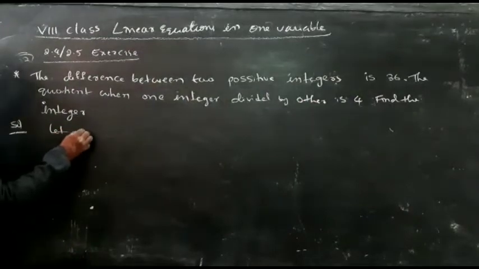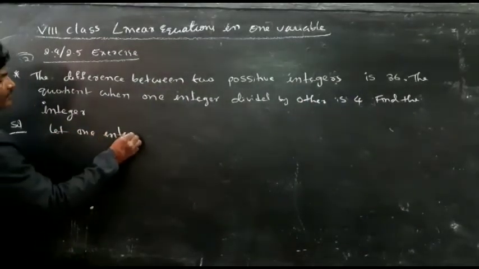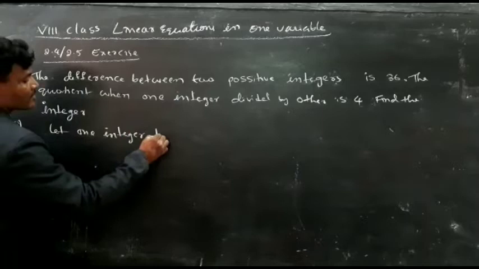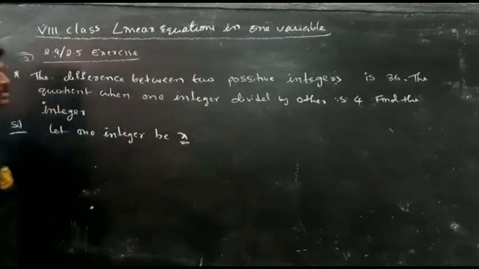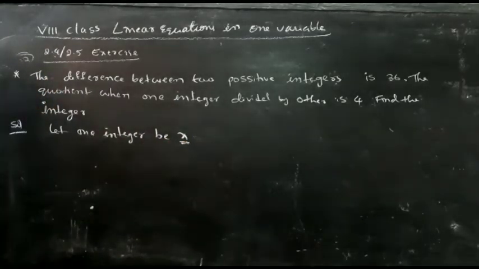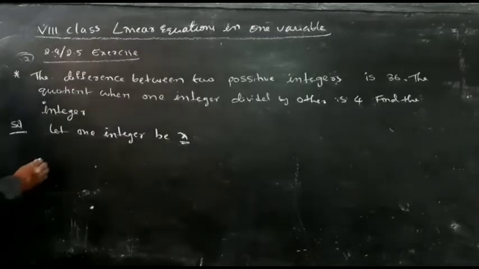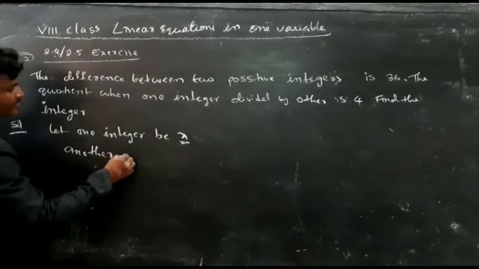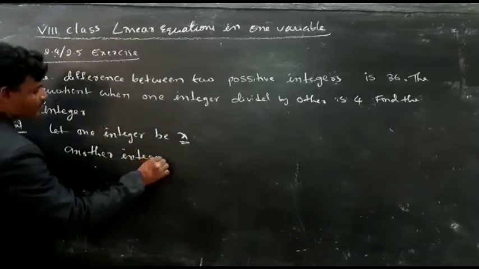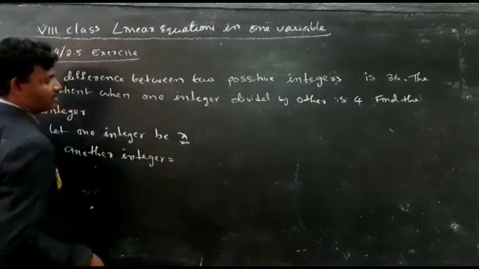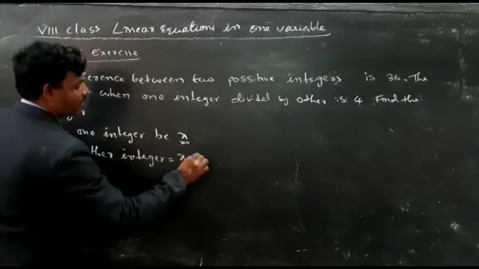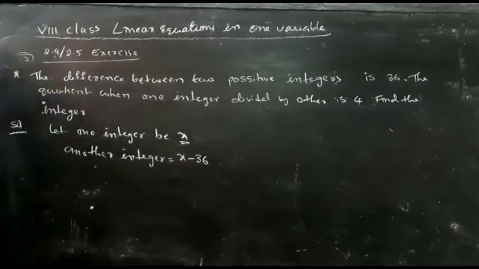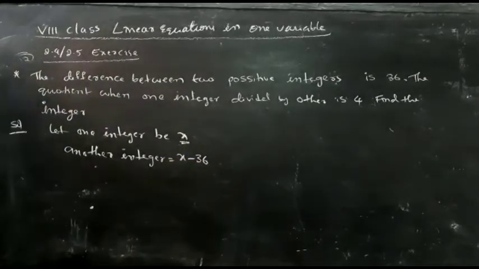Let one integer be x, then the other integer is x minus 36.